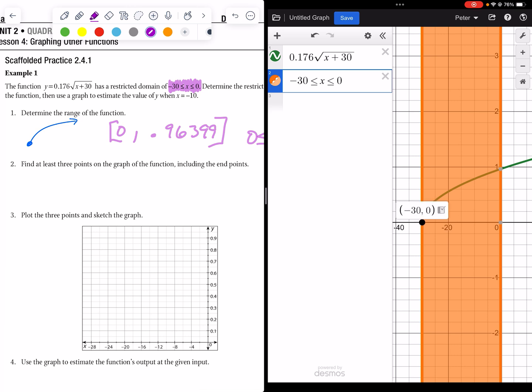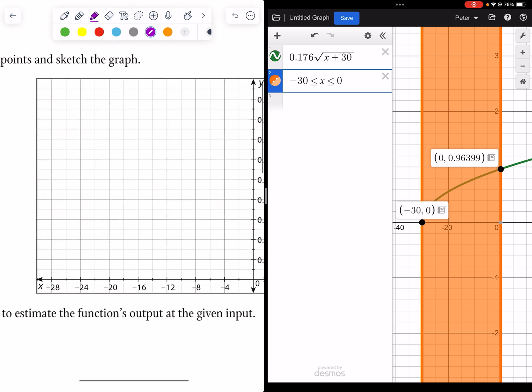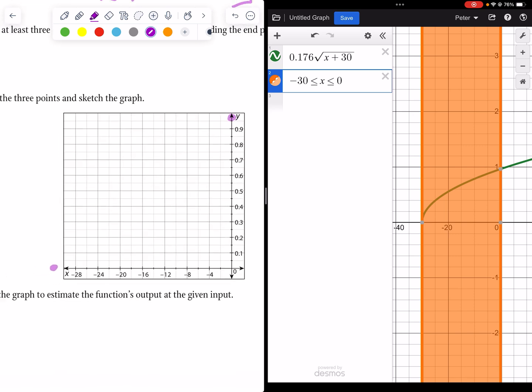They're asking you to do this because you're going to hand grade it. So negative 30, 0. Negative 30 is like here. And then 0, 0.96. So that's like here. Now they want a third point.